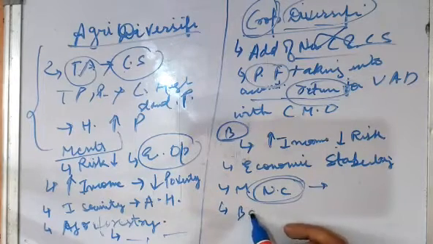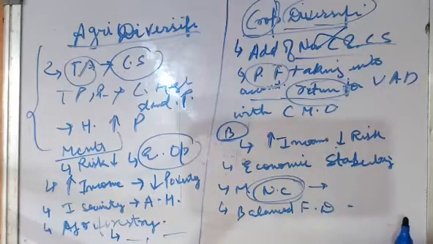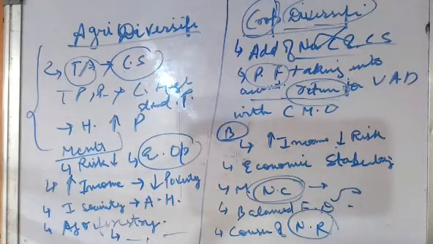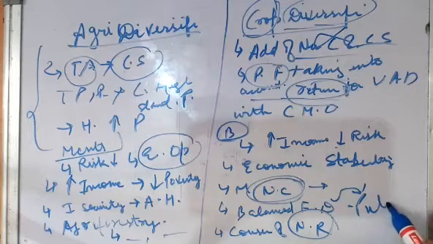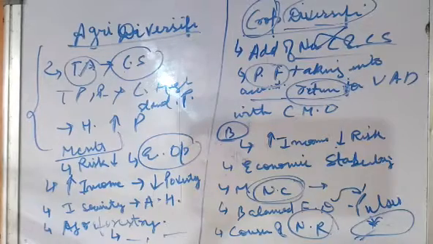Balanced food demands. Here we can say conservation of natural resources. Suppose we are growing rice wheat, that are major cereals. Now we add pulses, that also helps us in protein security, and pulses also help in conservation of soil, nitrogen fixation, we all know. So this is what crop diversification and agriculture diversification are.